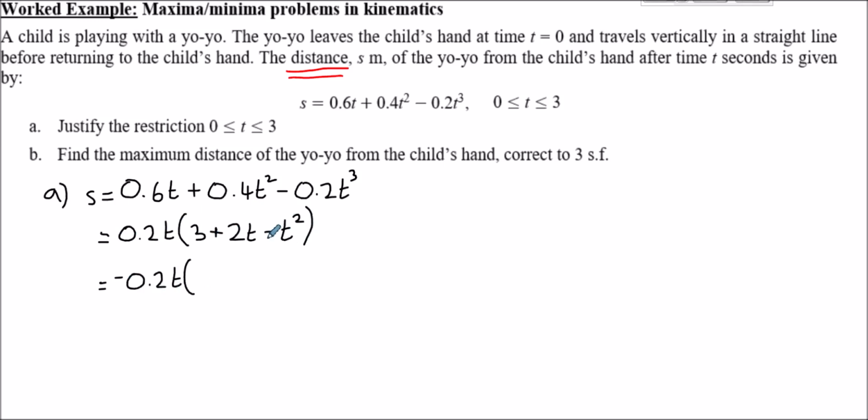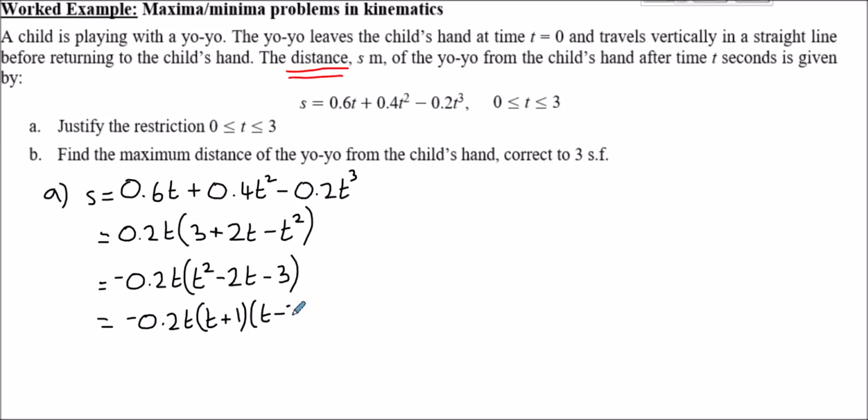Now we switch the sign of all of these. So that becomes t squared, positive 2t becomes negative 2t, and this 3 becomes a negative 3. So then we have minus 0.2t, and this here factorises into t plus 1, and then t minus 3.